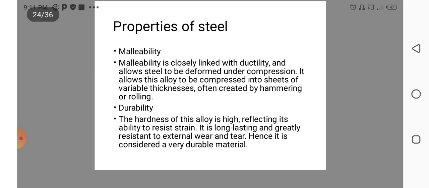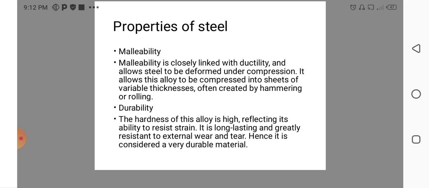Malleability. Malleability is closely linked with ductility and allows steel to deform under compression. When compressive load is applied, it can be molded into thin sheets. So it is a good malleable property.